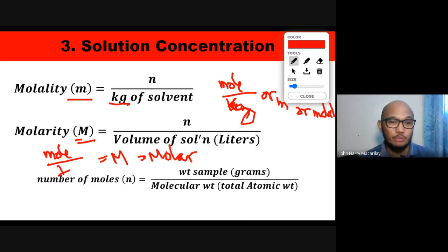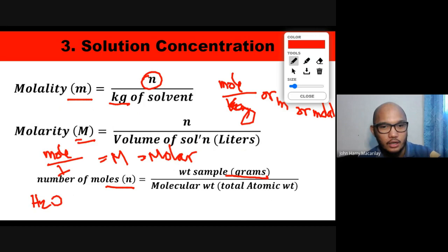Another important aspect of molality and molarity is the n. So how do we compute for n? By using this particular formula. Number of moles equals weight of sample in grams over molecular weight. We have to remember that the weight is always in grams. Molecular weight is the total atomic weight of the compound or the substance. For example, water: hydrogen is equivalent to 1, oxygen is 16.